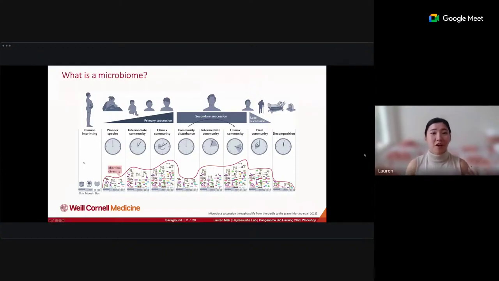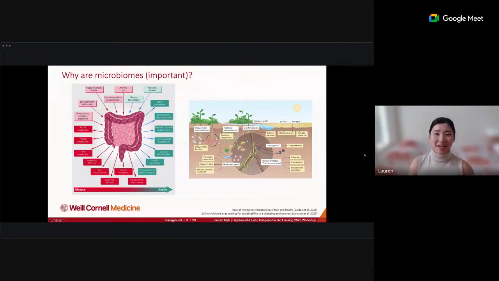And moving on, why do we care? So why do we care about microbiomes? I'm sure you've heard it as a buzzword, especially the last 5 years. It seems like everyone and their grandma's taking a probiotic.